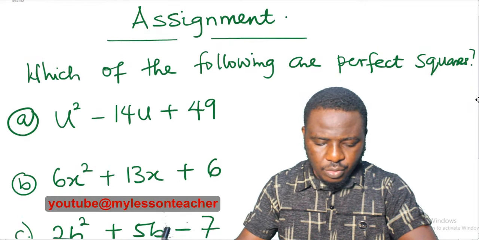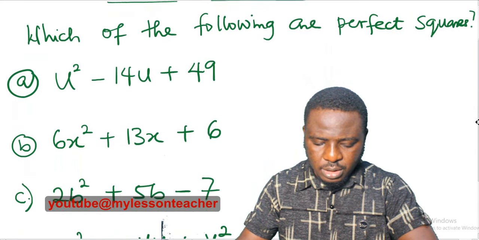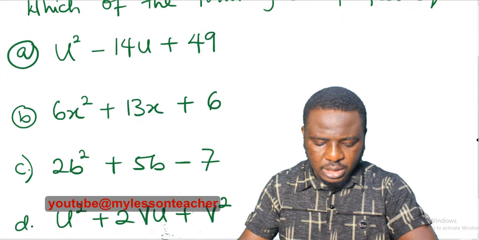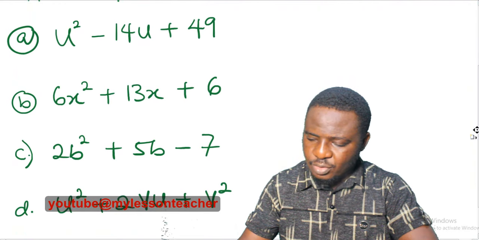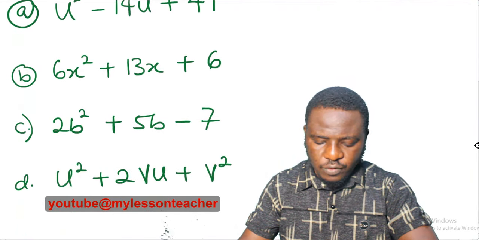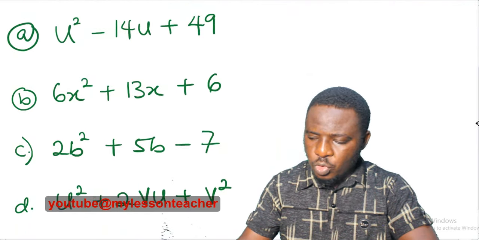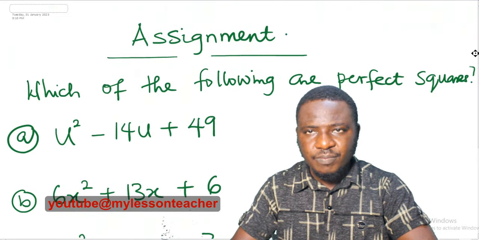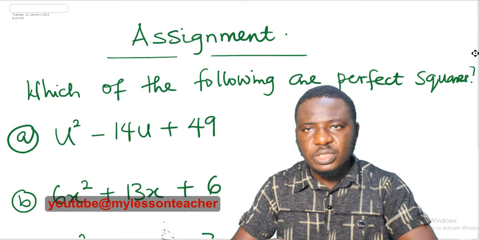Is it A, u squared minus 14u plus 49, or B, 6x squared plus 13x plus 6, or C, 2b squared plus 5b minus 7, D, u squared plus 2vu plus v squared? Now try to identify all those that are perfect squares and those that are not. In our next class, I shall give you the solution to these questions.